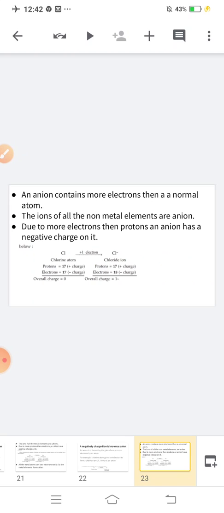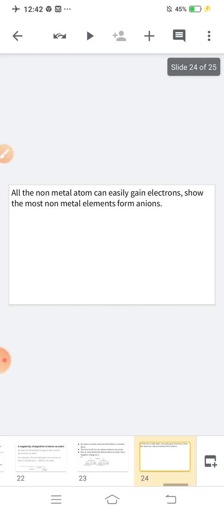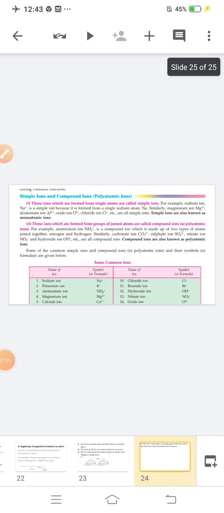If they gain electrons, they will become negatively charged ions, and a negatively charged ion is also known as an anion. Due to more electrons than protons, an anion has a negative charge on it. That means in the case of anions, your protons are fewer than the electrons. Is this clear? All the non-metal atoms can easily gain electrons. So most non-metal elements form anions.